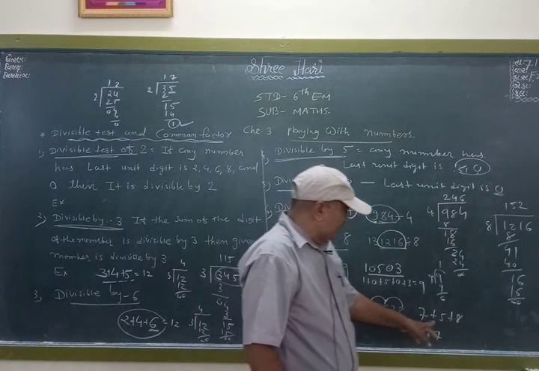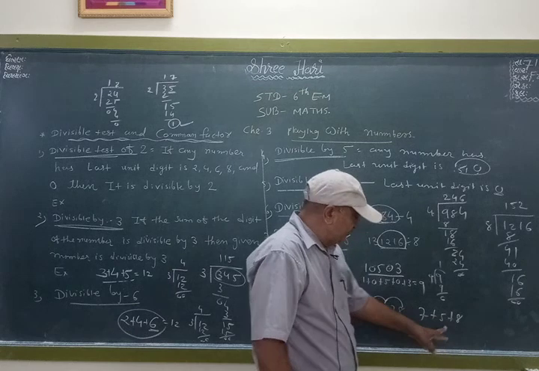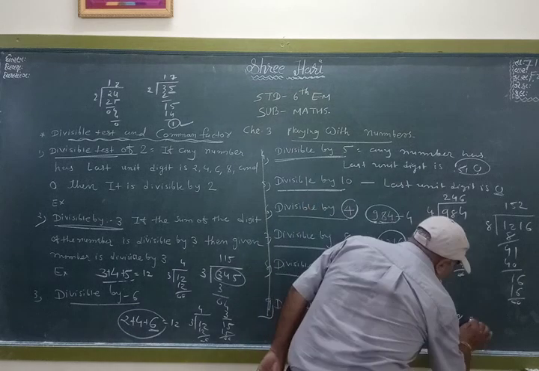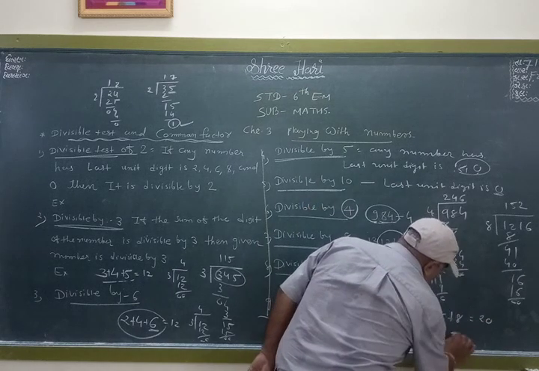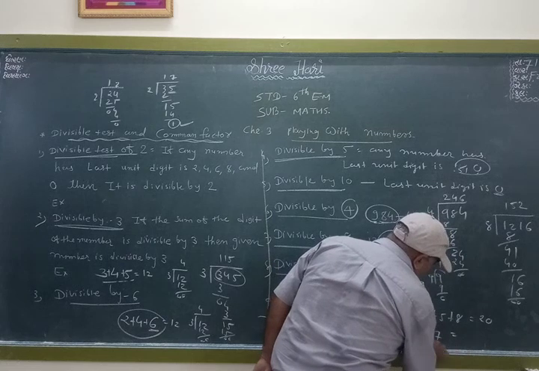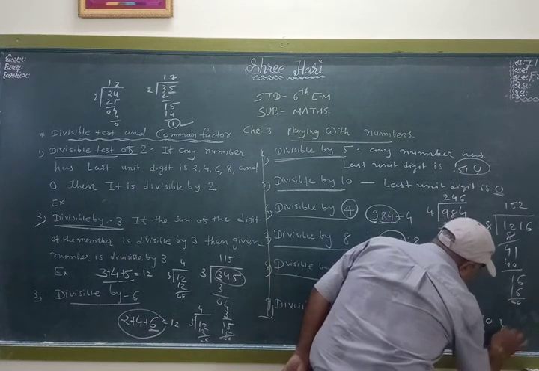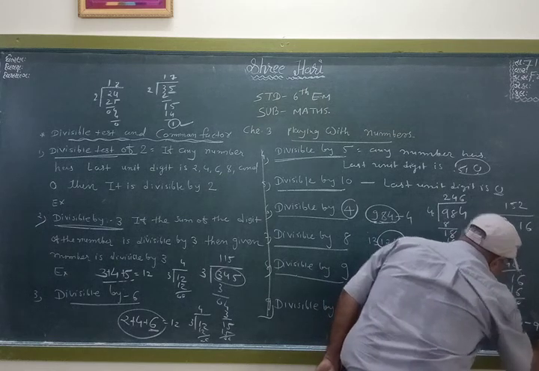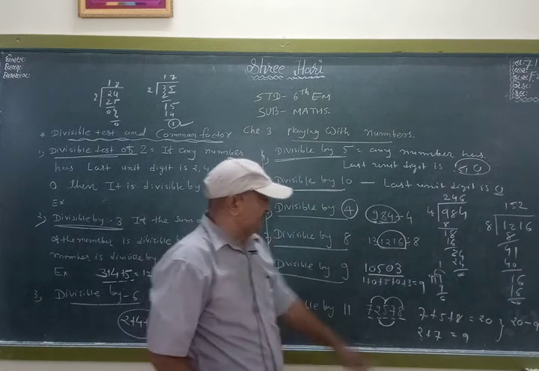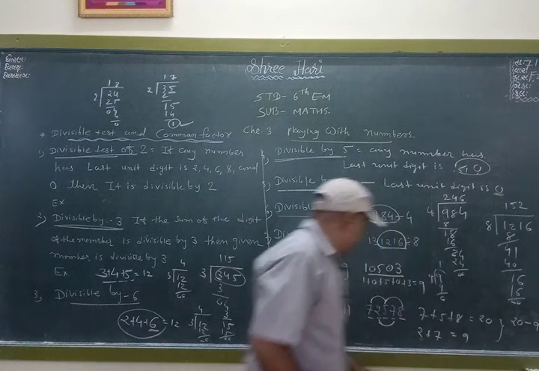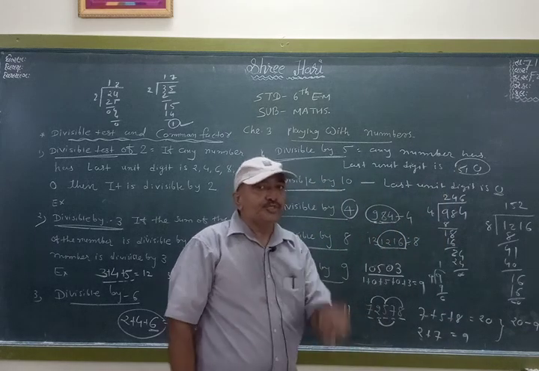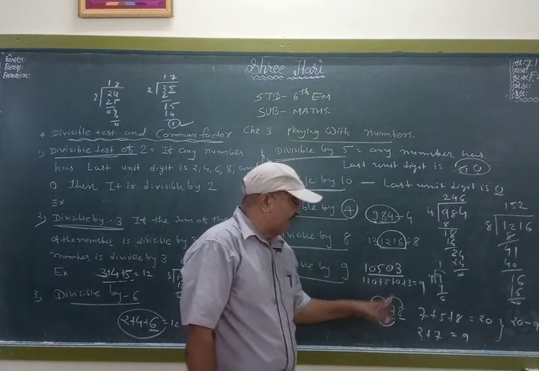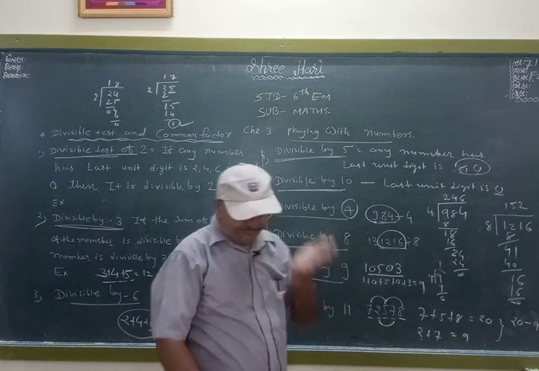So 7 plus 5 is 12, 12 plus 8 is 20. Here 7 plus 2 is equal to 9. Subtraction: 20 minus 9 is equal to 11. If the subtraction comes in the table of 11 or 0, then we can divide this number by 11.